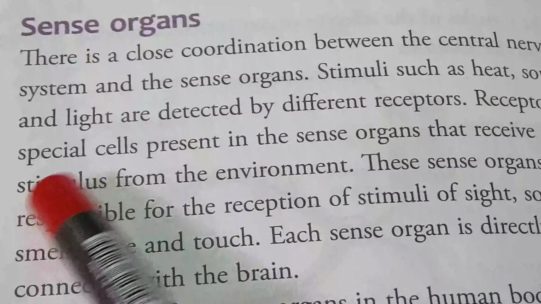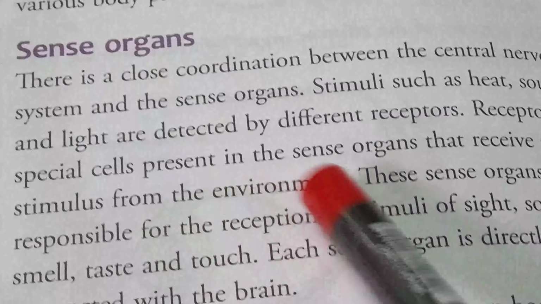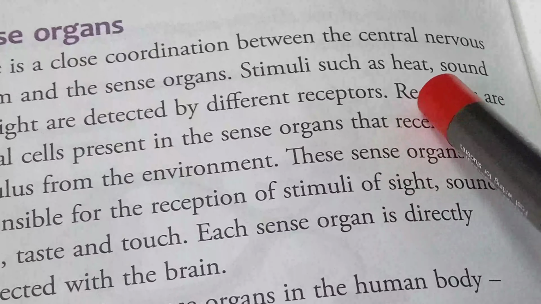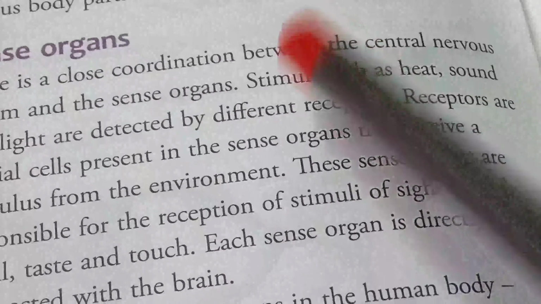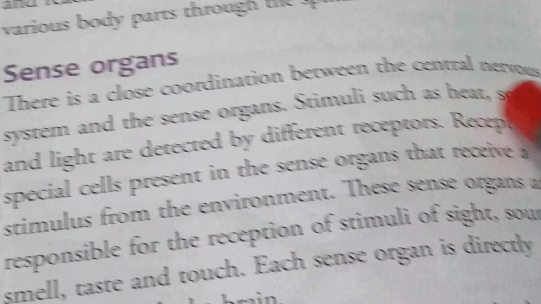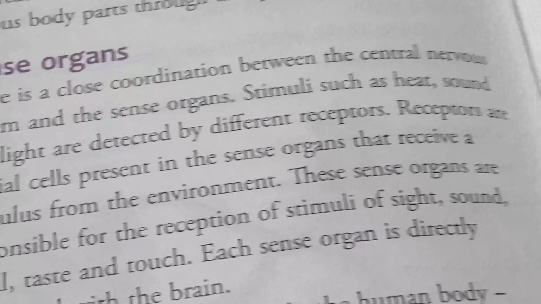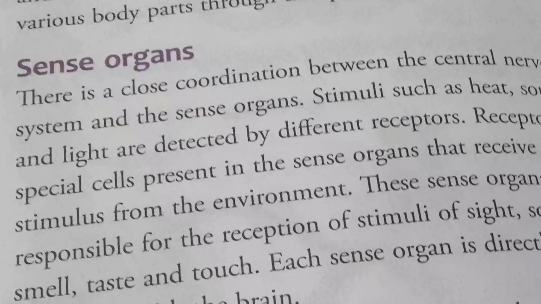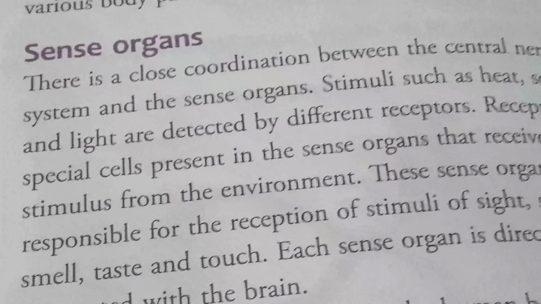Receptors are special cells present in the sense organs that receive a stimulus from the environment. These three lines are very important. And what are the receptors? Receptors are the special cells present in the sense organs that receive any kind of stimulus from the environment.